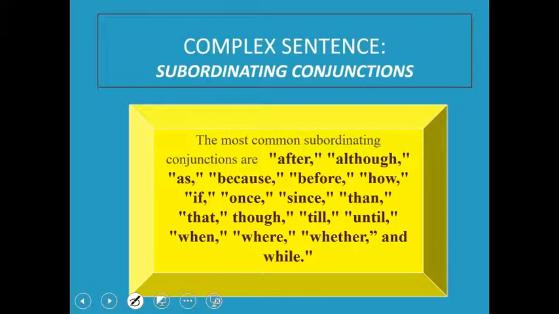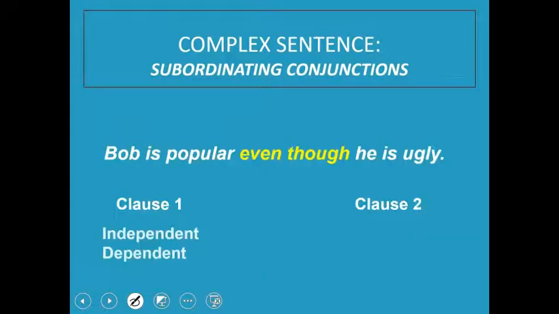So let's see some examples of the subordinating conjunctions. We got after, although, as, because, before, how, if, once, since, than, that, though, till, until, where, whether, and while. These words are going to tell us that we are in the presence of a complex sentence.